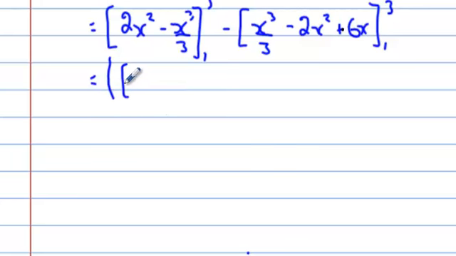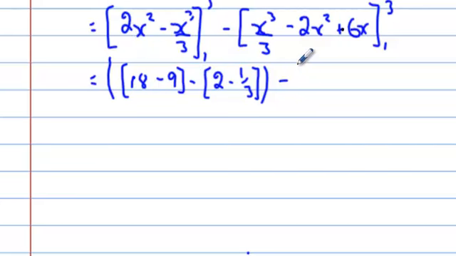I use a curly bracket while I evaluate all of this. So the first thing will be, if I substitute in 3, I'll get 18 subtract 9. Then I subtract this evaluated as 1, which would be 2 minus a third. Close that bracket. So that's all of this first part evaluated.